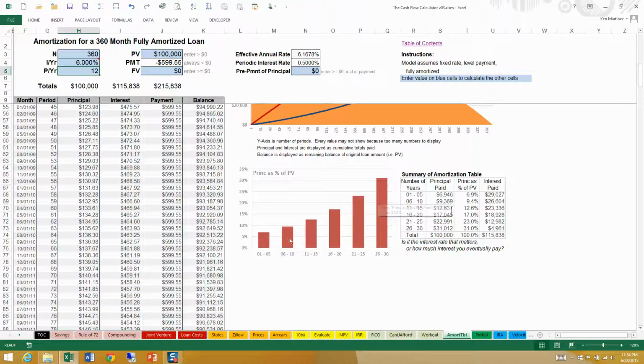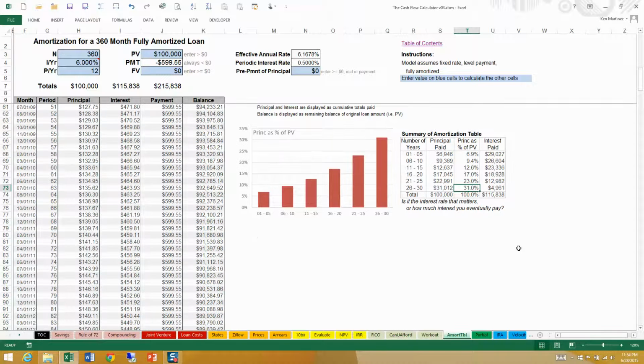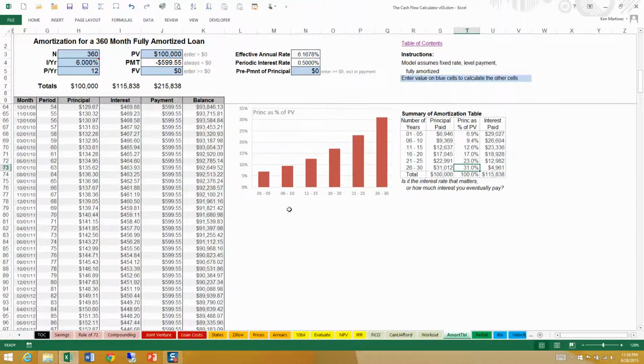Again, everything we kind of know about a loan: in the beginning most of it is interest, and as it gets later, the amount of principal that you're paying compared to interest increases. So in the very last 5 years, you're going to end up paying a full 31% of the total principal paid in those last 5 years. And I think that's about it.